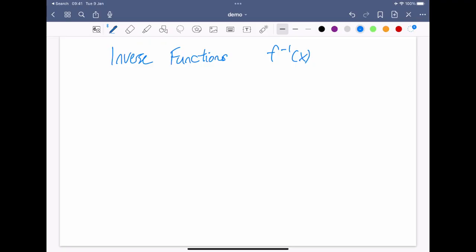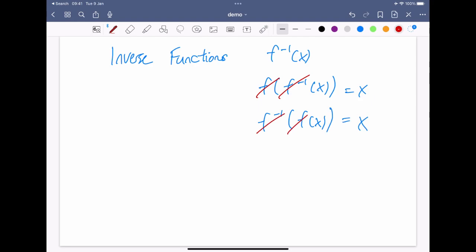So how would I show that they cancel out? Let's say I take f of the inverse of f of x, and this is just equal to x because these cancel out. Same way, if I do the inverse of f of x, it also equals x because again these two cancel out. I hope this kind of makes sense.